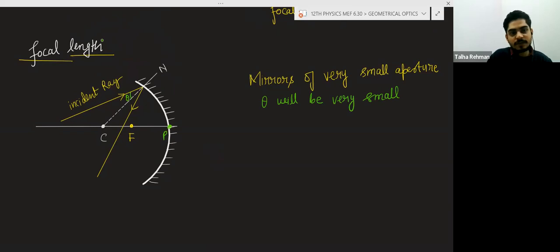And what is focal length? Focal length is basically the distance between pole and focus.